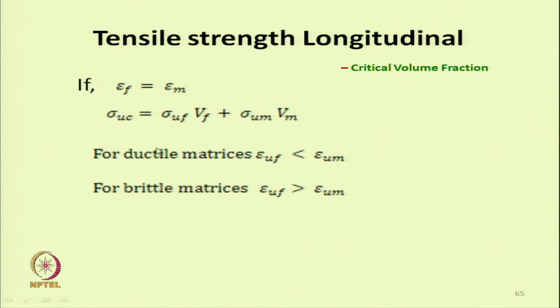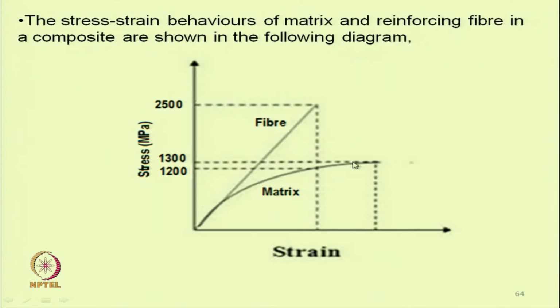We will consider two different situations. A ductile material, where the ultimate strain of fiber is less than the ultimate strain of matrix. This is the diagram.